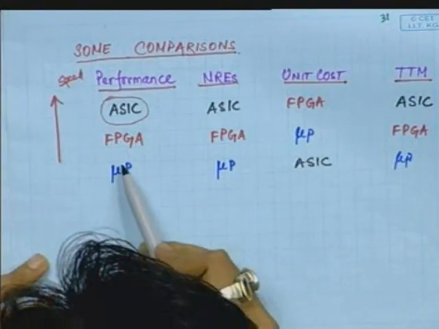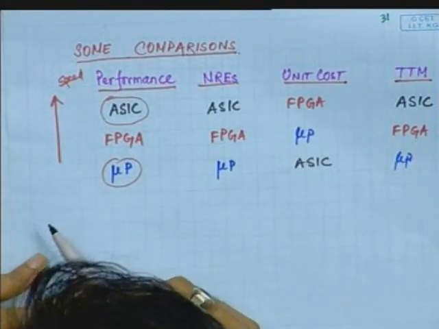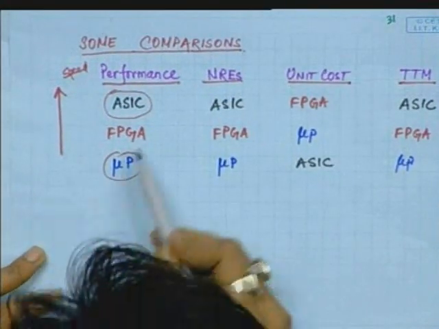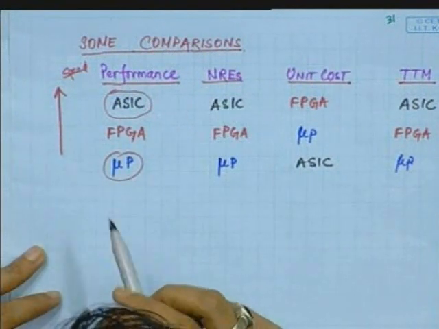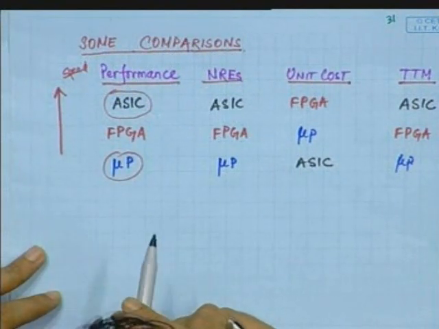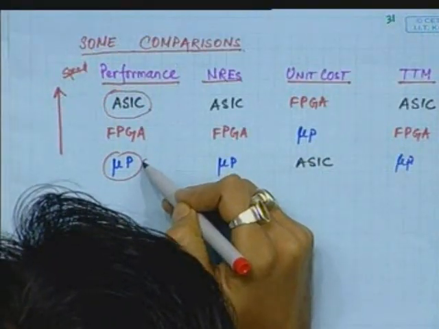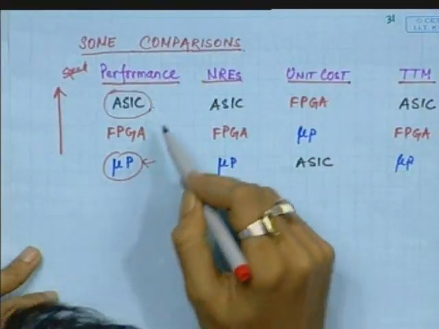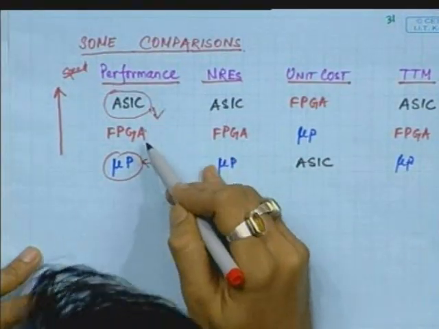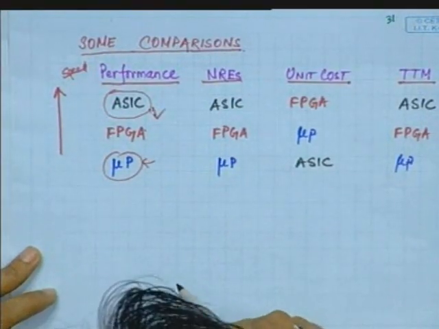Microprocessors have the least speed. Why do microprocessors have the least speed? Least speed means lesser speed than ASIC, because ASICs are dedicated. In between the ASIC and microprocessor lies the FPGA. So FPGA falls behind in performance with respect to ASIC, right?